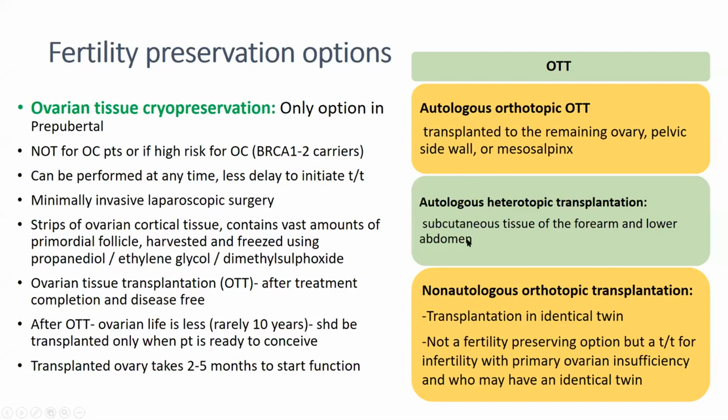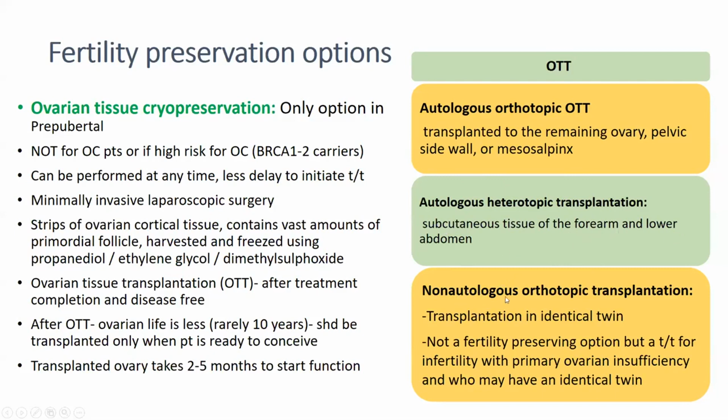Three types of transplantation are available for these strips. First is autologous orthotopic, when the tissue is transplanted to the remaining ovary or pelvic side wall or mesosalpinx. Then heterotopic transplantation, when it is transplanted outside the pelvis. Generally, it is transplanted in the subcutaneous tissue of the forearm or in the lower abdomen.